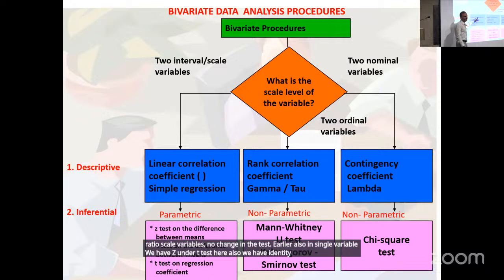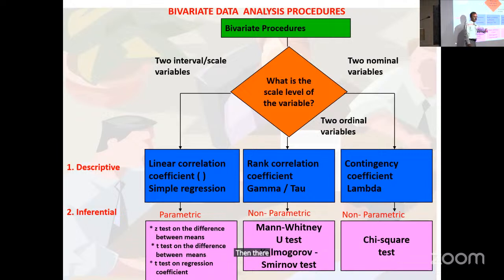But if the variables are ordinal, then there is one change, that is the MWU test along with the KS test. So we can use KS or MWU test for ordinal variables to test the relationships. Then, even for two nominal variables, we can continue with the chi-square test. Okay, so this is related to the bivariate procedure.